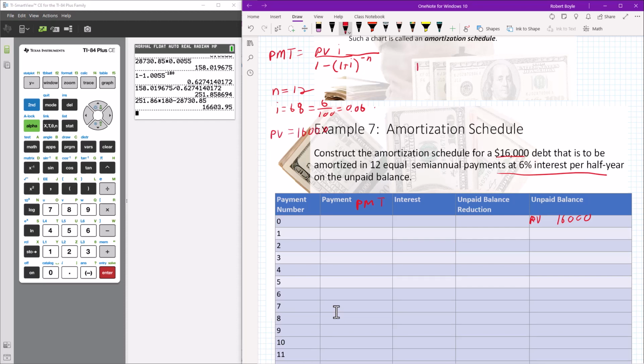Our payment is going to be equal to $16,000, times I, which is 0.06, divided by 1 minus 1 plus I, which is 1.06, raised to the negative n power, or negative 12.